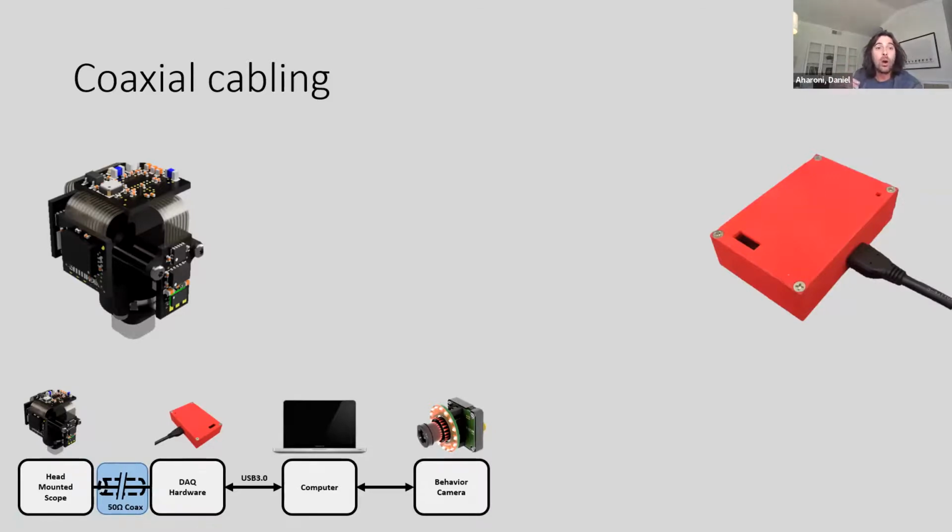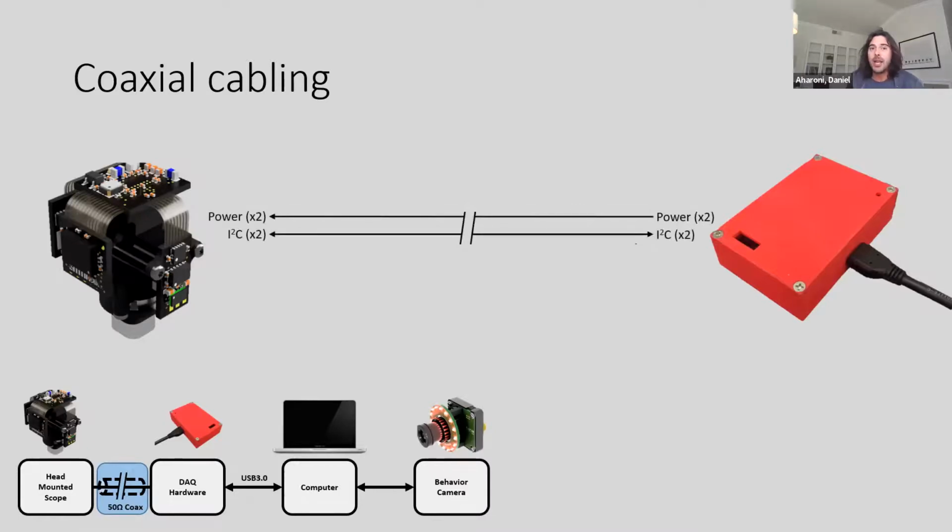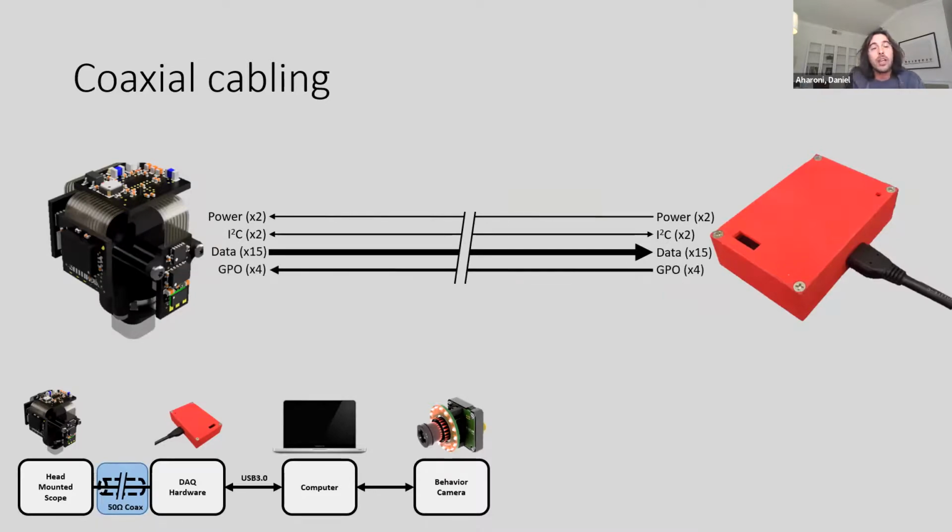Our first miniature microscope used a custom braided 8 or 10 wire cable. Then we quickly realized that we could effectively pack data, which usually would take 2 wires for configuration communication lines, using I2C communication that takes 2 lines, and then a bunch of data that might be 15 lines, as well as some other control channels.